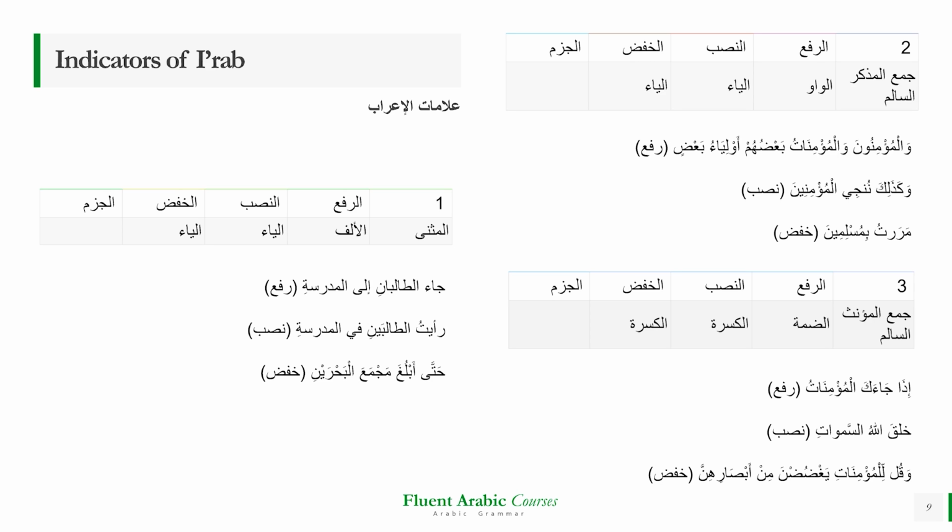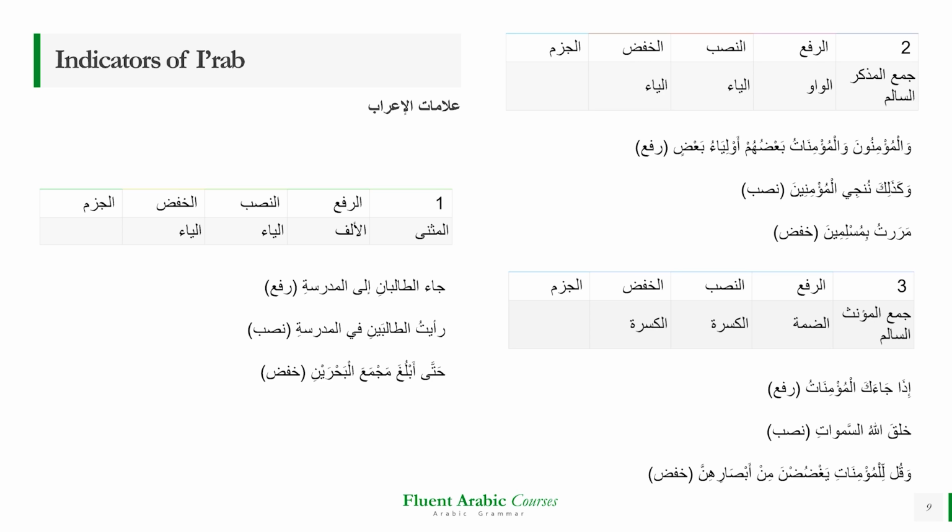What we will do is look at the cases in which the sign of i'rab is other than the default sign. What are the default signs of i'rab? They are dhamma for rafa, fatha for nasab, and kisra for khafdh, and finally the sukun for jazm.